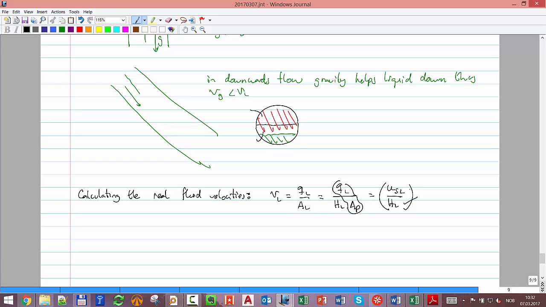So if you have the holdup and the superficial velocity, you can calculate the real velocity of the liquid, and the real velocity of the gas is the same, but with 1 minus the holdup times the area of the pipe. So slip and holdup all contain the same information.